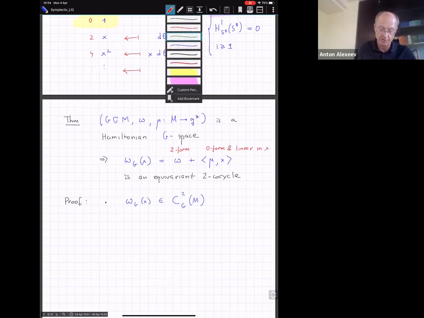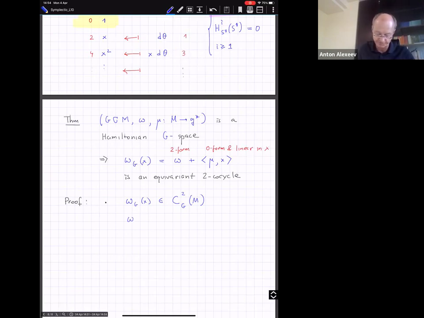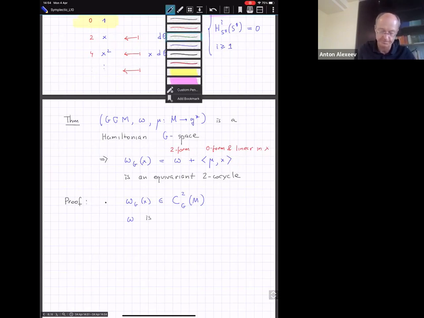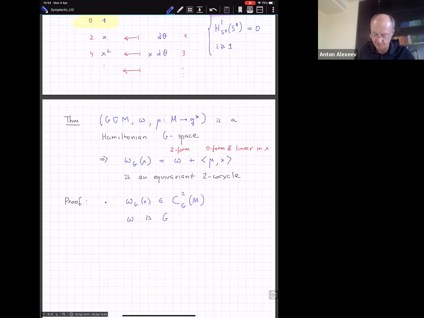Now, we know that omega is G invariant, so it's a good element, right?